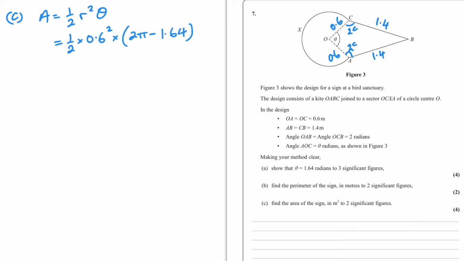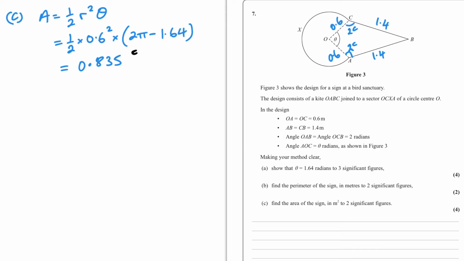Again, just make sure you use the full value in your calculator, and that gives me 0.835. And often I'll store this as a letter in my calculator, and I'll often just make a little light pencil mark of what letter I stored it as, just so that I remember.